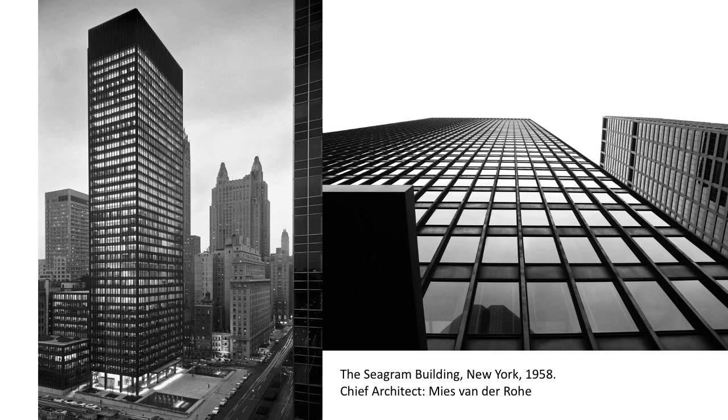In this way, the Seagram Building was viewed when it was constructed as the culmination of classical architecture. The columns had been reduced to thin steel supports for the building's almost complete glazing, which is just a way of saying window wall, on the building's exterior.